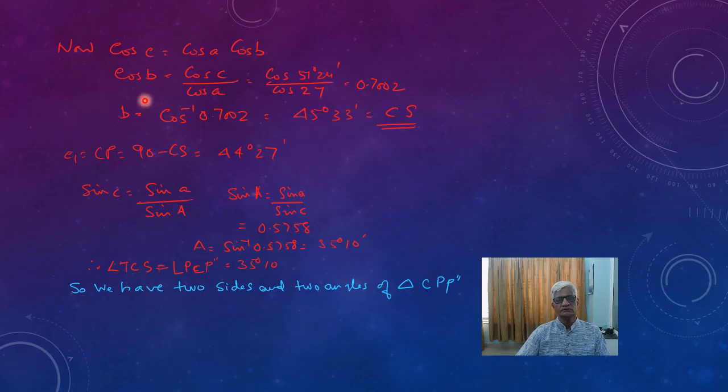And then solving again using the relation cosine of C is equal to cosine of A and B, we get the side CS, or the fulcrum point to the ecliptic, is 45 degrees 33, and the other arm up to the pole is 44 degrees 27. Solving the other side, we get the angle is equal to 35 degrees. So we have two sides and two angles, and we solve those.